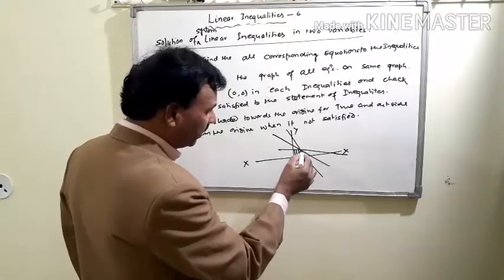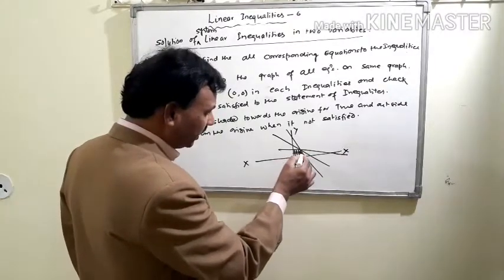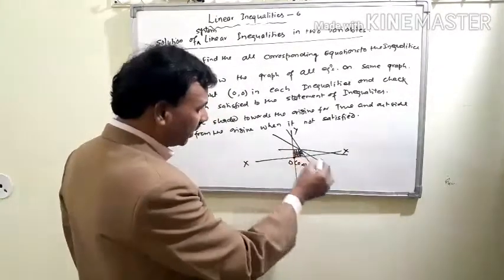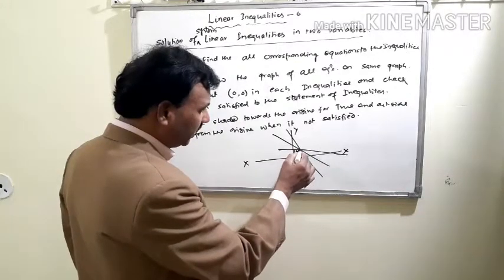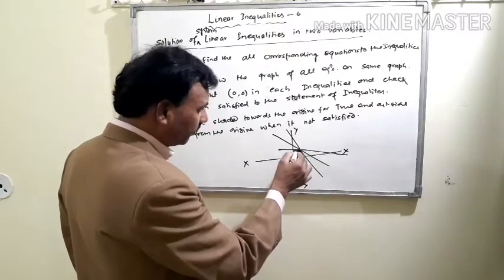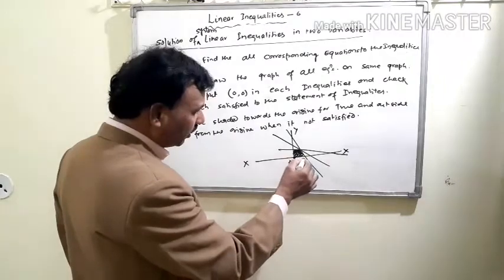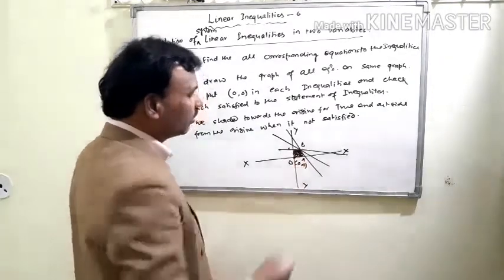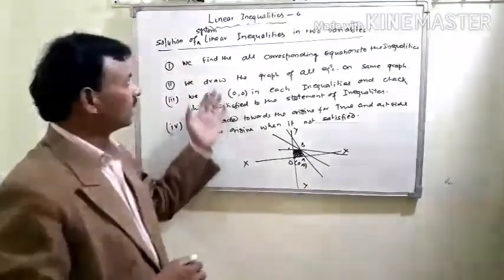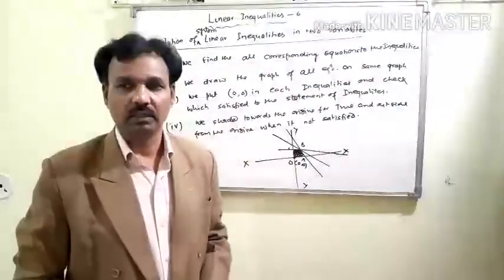For this line, this will be shaded, and for this line, this will be shaded. So this region O, A, B, C is known as the solution of the system of linear inequalities.